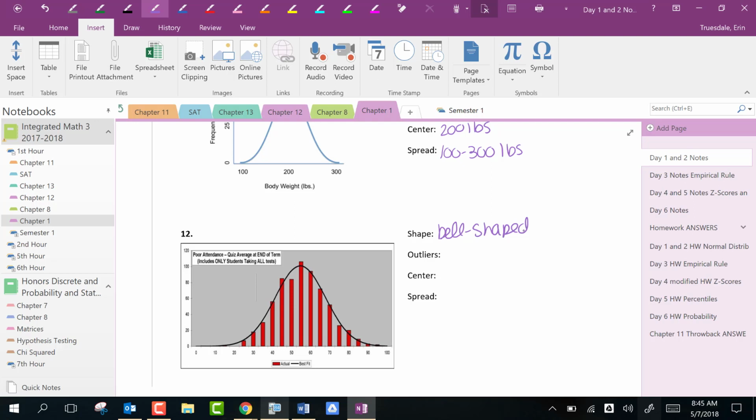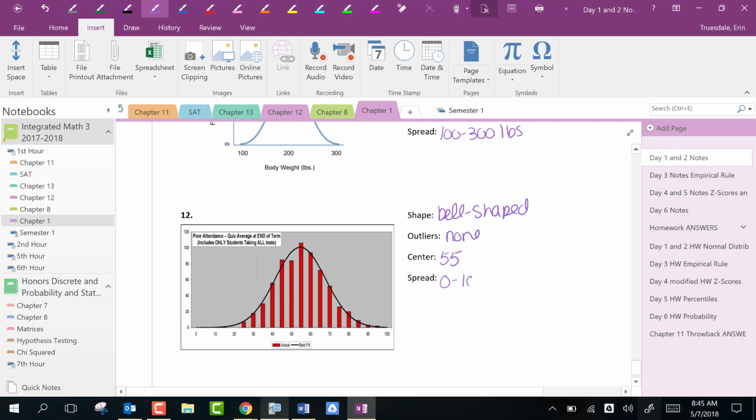I don't think we have any major outliers here. Center. Where do you think the center is? 55. Pretty good. Spread. 0 to 100. If you had said like 10 to 90, that would be fine too. It's up for interpretation there. Okay. Questions?